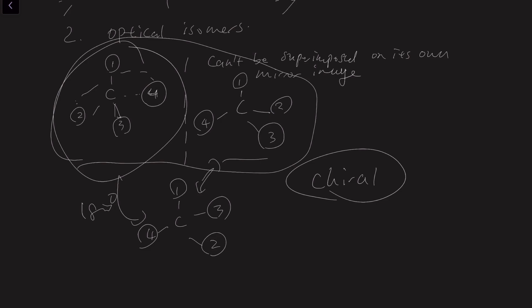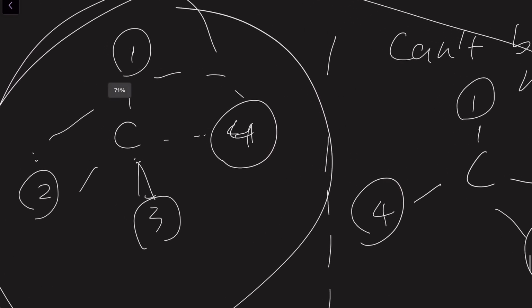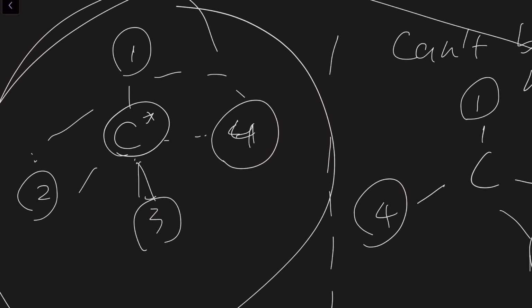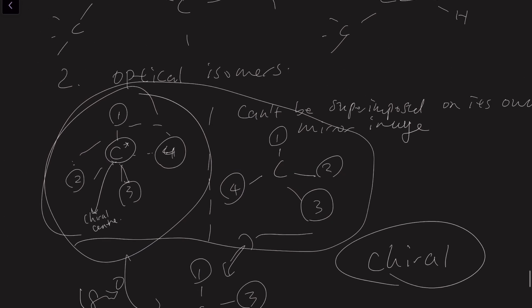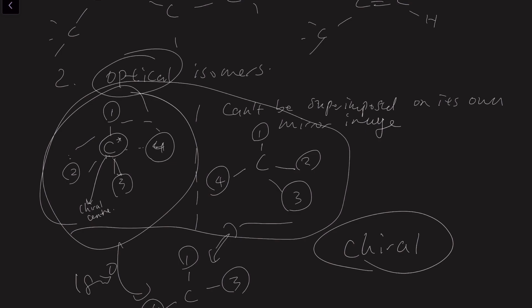So this carbon is called the chiral center, the central carbon atom. And because they are called optical isomers, optical always has something to do with light. Because the polarized light interacts with those two isomers differently. So you can use this property to distinguish between those two isomers.